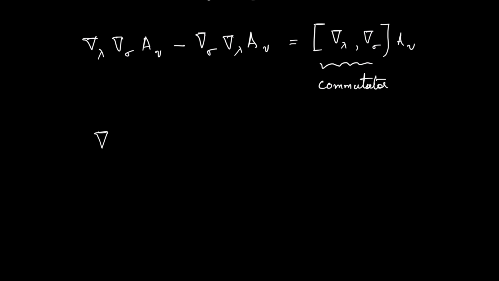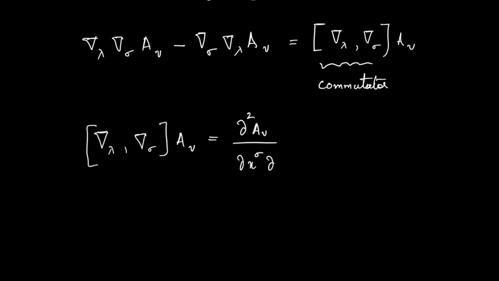So the commutator bracket of covariant differentiation with respect to lambda and covariant differentiation with respect to sigma of A nu is equal to second derivative of A nu minus A mu.